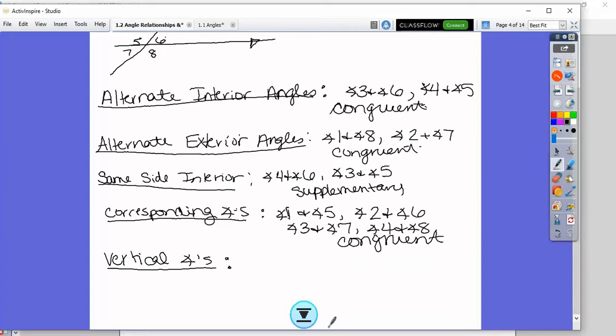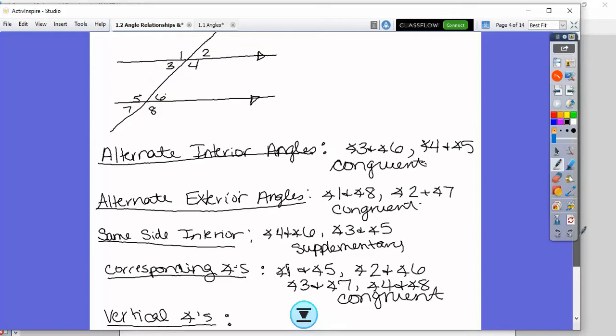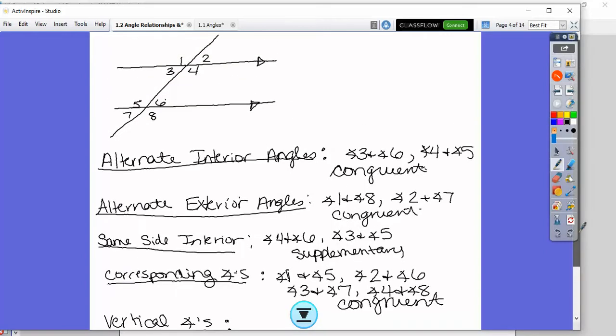Vertical angles. Vertical angles make an X. They're across from each other. So if I'm looking at this, angle 1 would go with, what's across from it? 4.